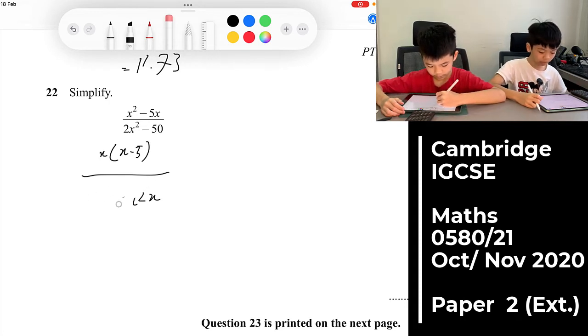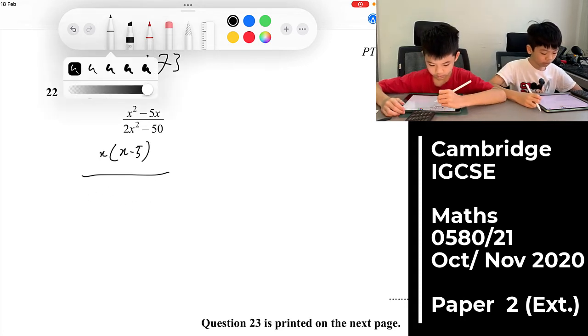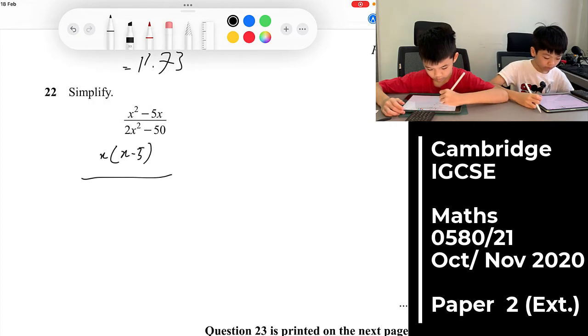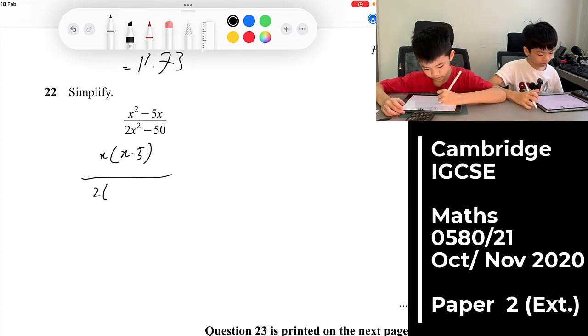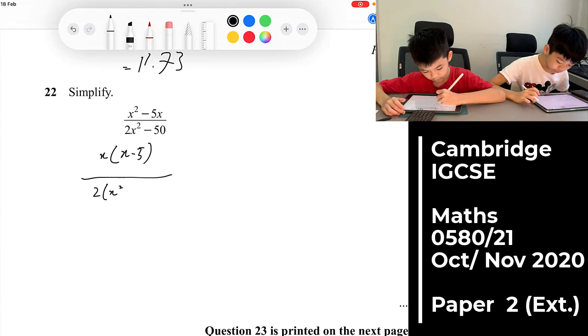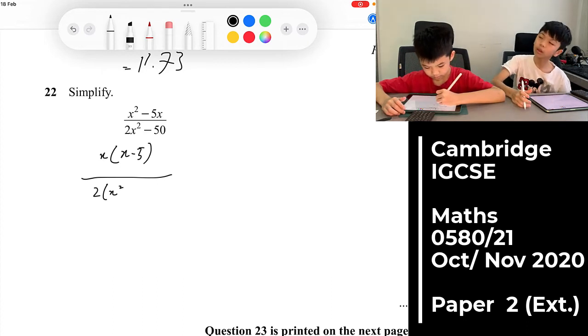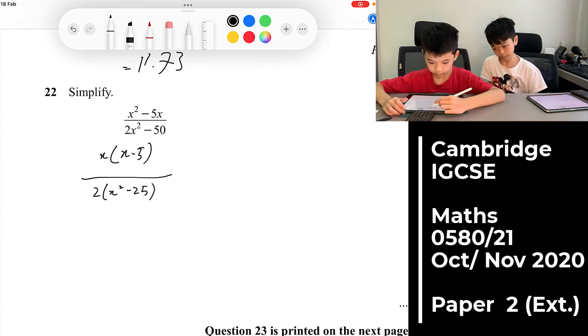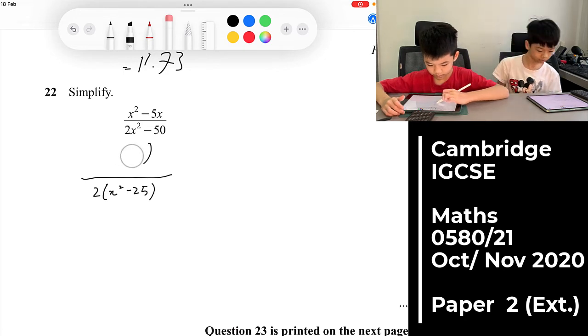First we will factorize the bottom. We can divide 2 from the bottom part: x squared minus 25.